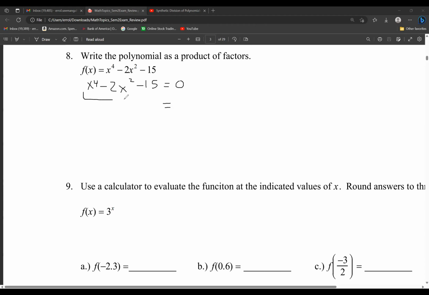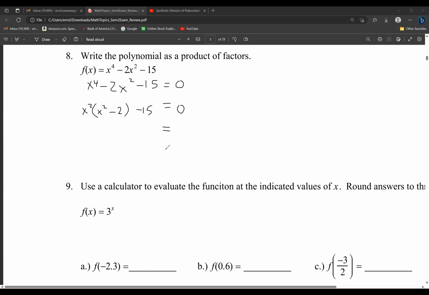What's the GCF out of those two? 2x^2. So what's on the inside? x^2 minus x minus 2. Yep. Okay, good. Minus 15 equals 0.